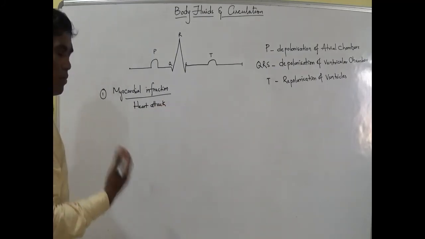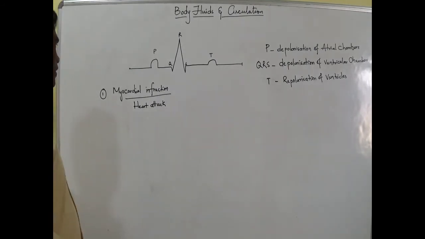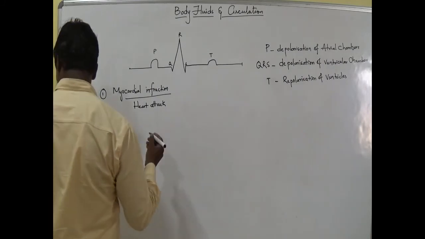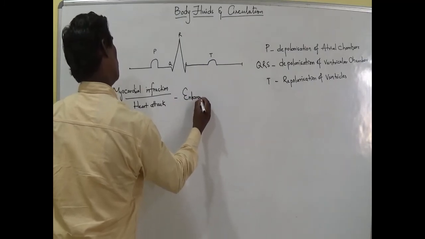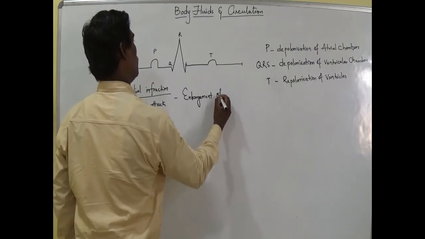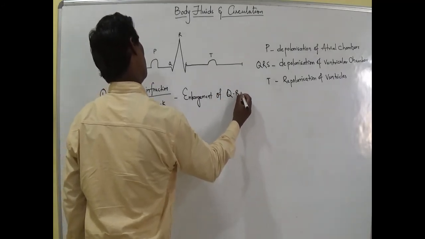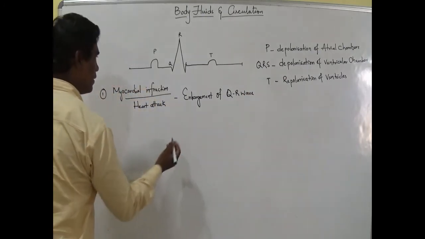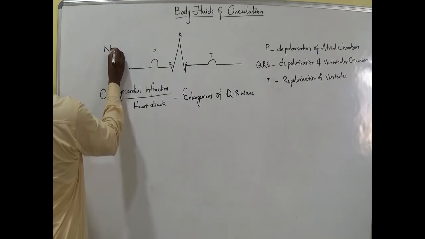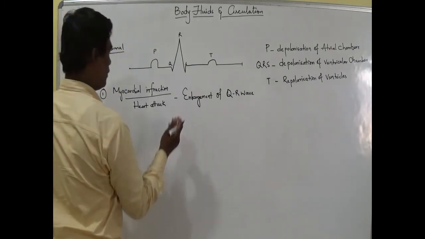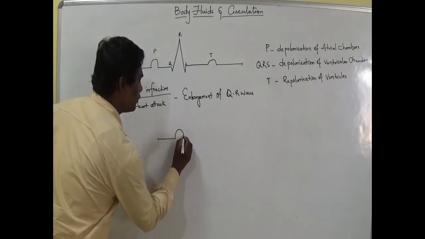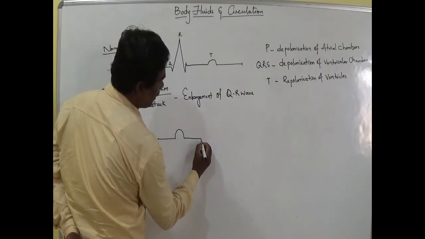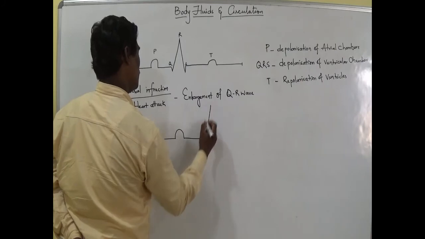which usually takes place by necrosis of the cardiac muscles, we can see that there is an enlargement of Q and R waves.